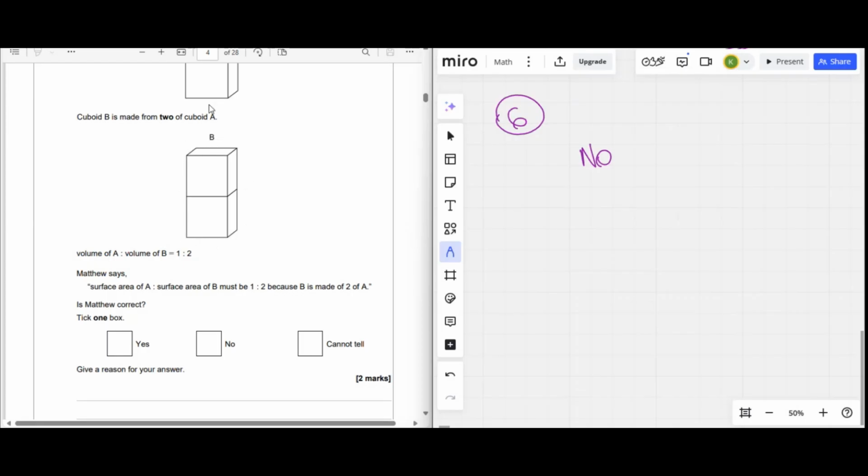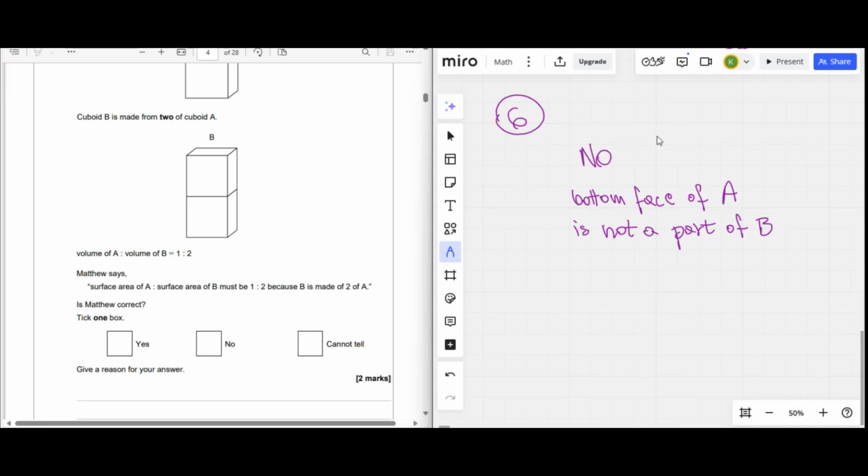Yes. And so that, no. Yeah, and that bottom from A, which is hidden there, it's not a part of the surface. Give the reason. Bottom face of A is not part of B.